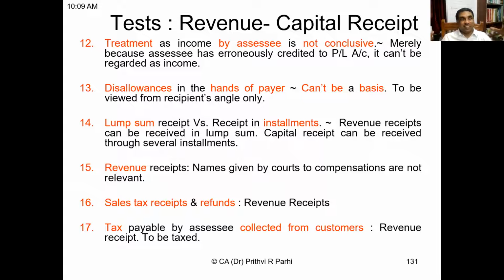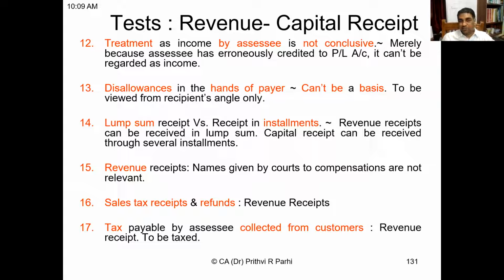Suppose last 10 years of salary you got today in a single lump. You cannot say it is a capital receipt. You see such a huge amount and there is no regularity. No, it is a revenue receipt, but received in lump sum. Similarly, capital receipt can be received in installments also. A capital asset is sold and sale consideration is received in installments. Those possibilities are also there.